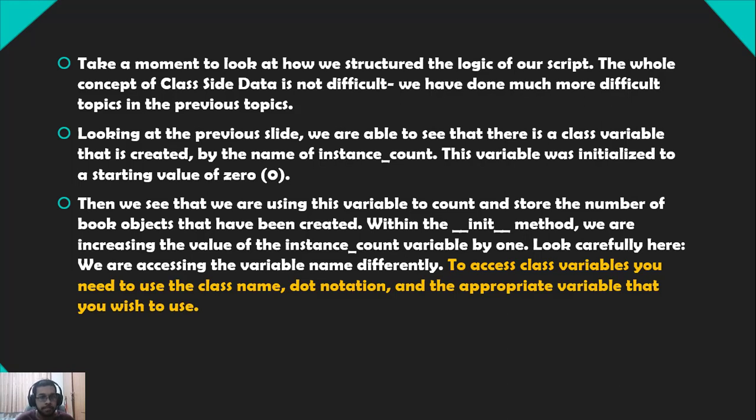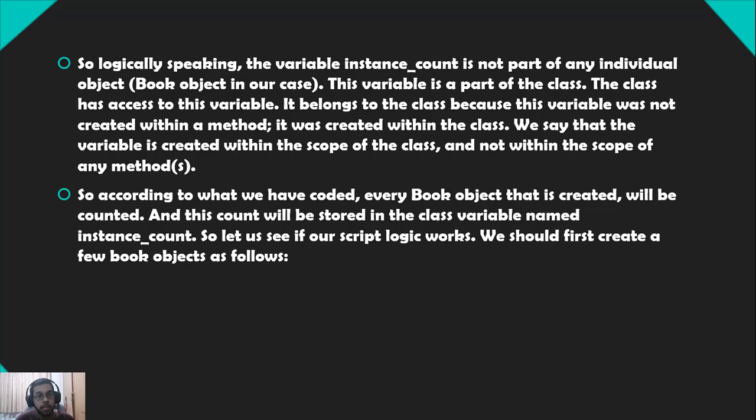Look carefully here. We are accessing the variable name differently. To access class variables, you need to use the class name, dot notation, and the appropriate variable that you wish to use. So logically speaking, the variable instance count is not a part of any individual object, book object in our case. This variable is a part of the class. The class has access to this variable.